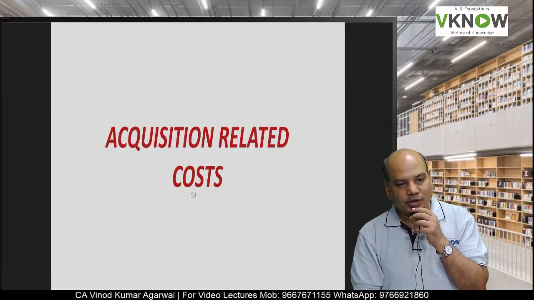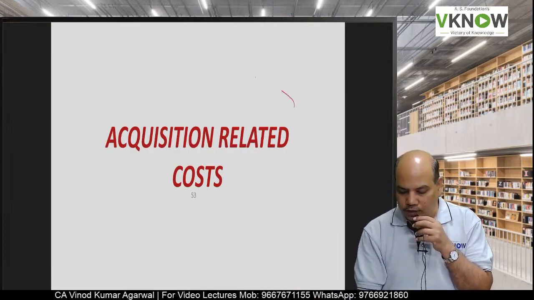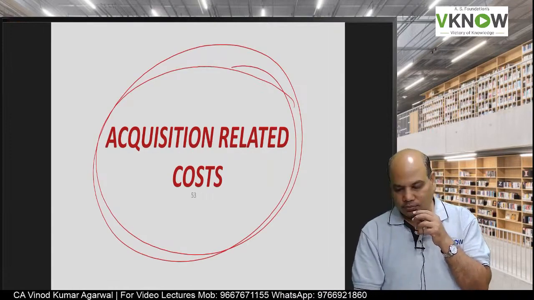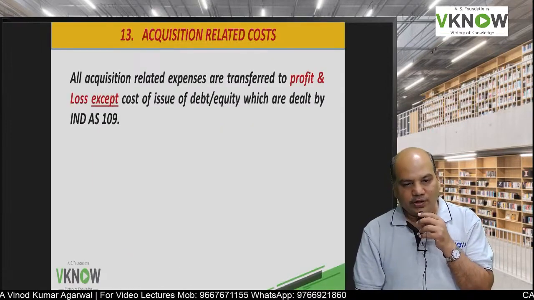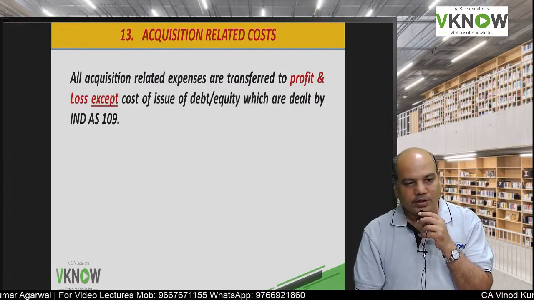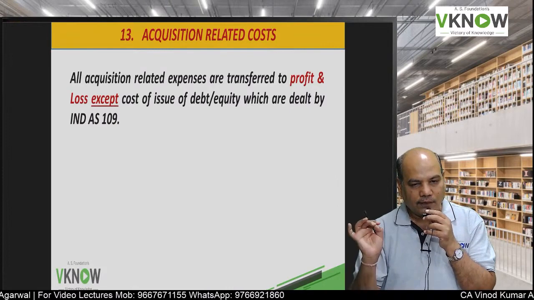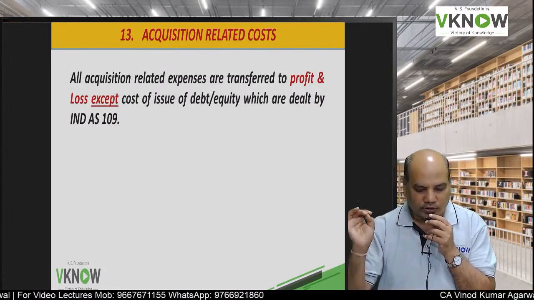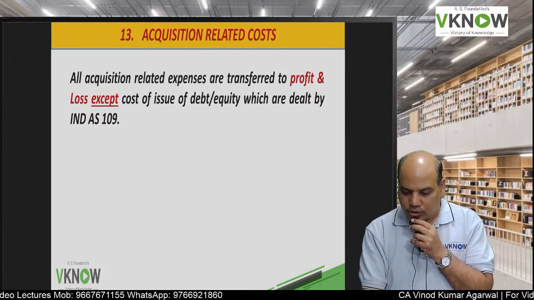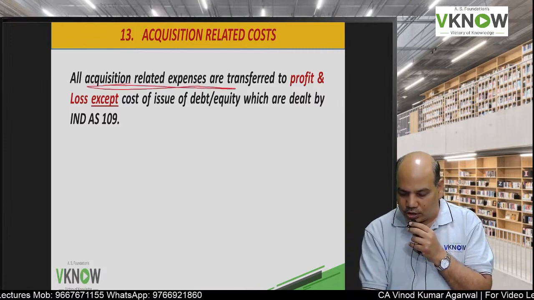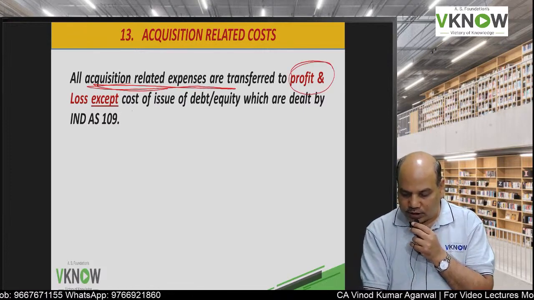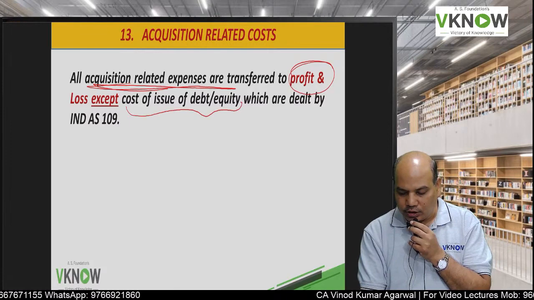What about acquisition related cost? A lot of legal cost, administration cost, brokerage, investment bankers fees, printing and stationery, etc. are incurred. If it is a business combination, all acquisition related cost will be transferred to the P&L account except cost of issue of debt or equity.